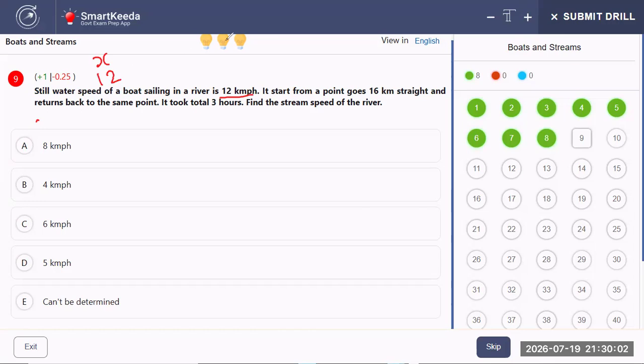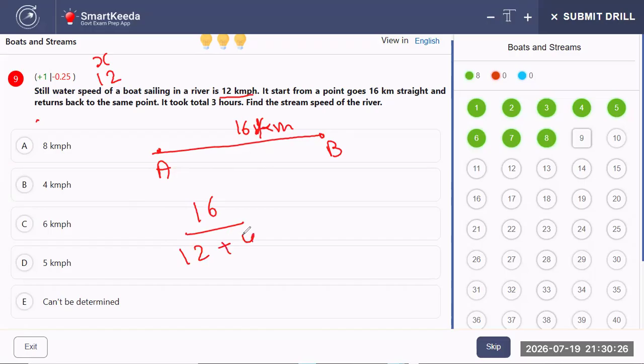It starts from a point, suppose point A, goes 16 kilometers straight and returns back to the same point. It took 3 hours: 16 kilometers downstream plus 16 kilometers upstream, in total 3 hours. Find the speed of the stream. So here the options are given.